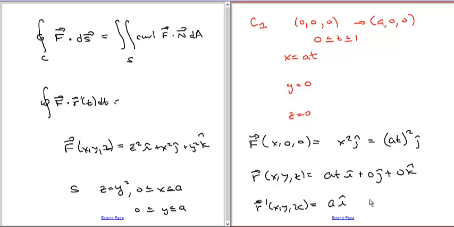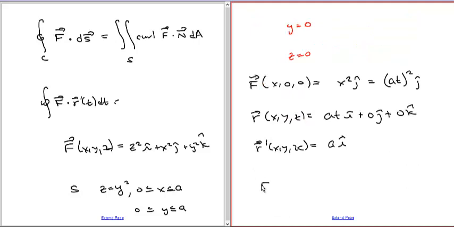These are 0, so the derivative is 0. And then when you do the dot product, so if you take f dot r prime of t, you get 0, because you see here there's no i component, and here there's no j component.